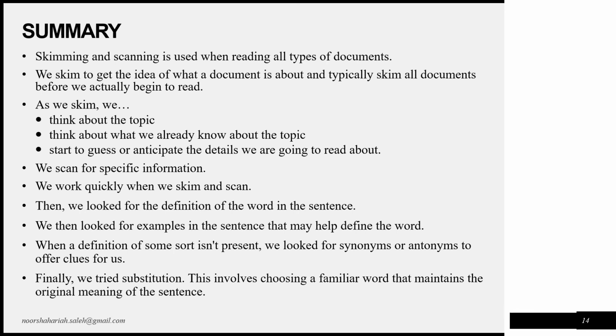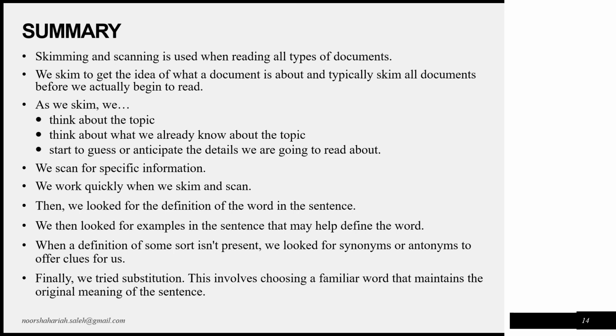Meanwhile, scanning is to get specific information, and it helps us to get the information quickly. I wouldn't want to say the word easy because sometimes it's not easy for some of us. So quickly is the word. Then we looked for the definition of the word in the text. So we use contextual clues.